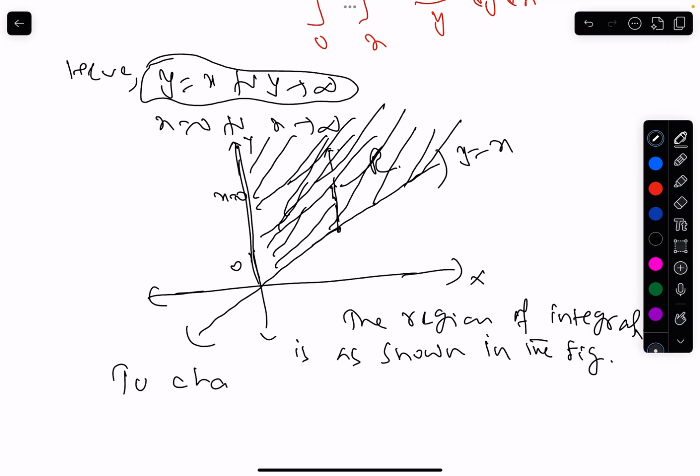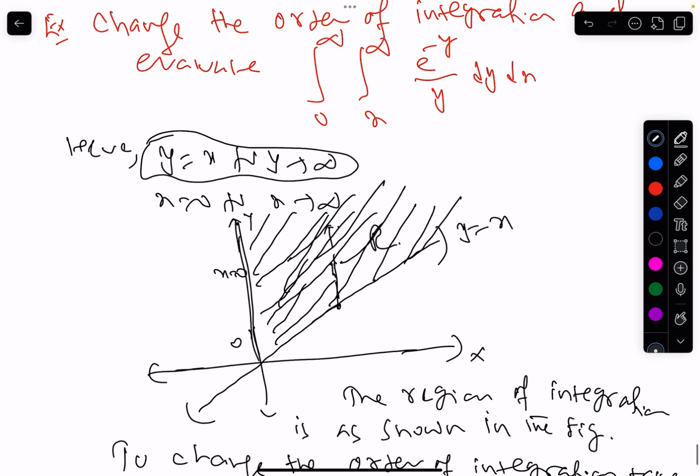Now to change the order of integration, we need to find integration with respect to x first.